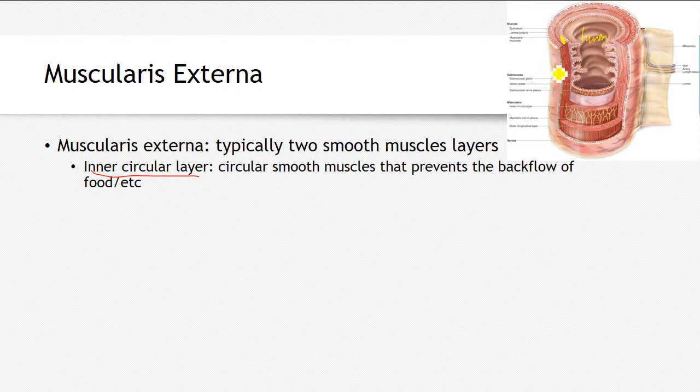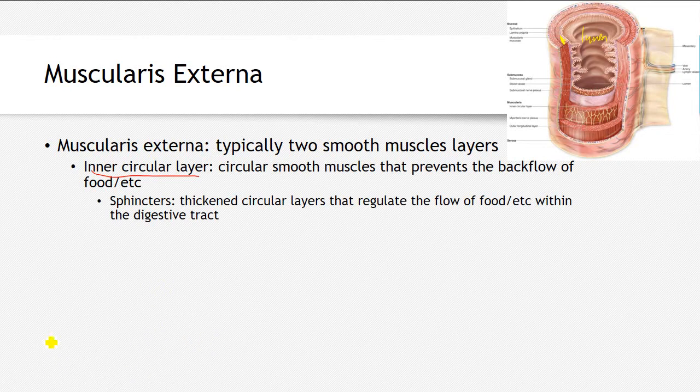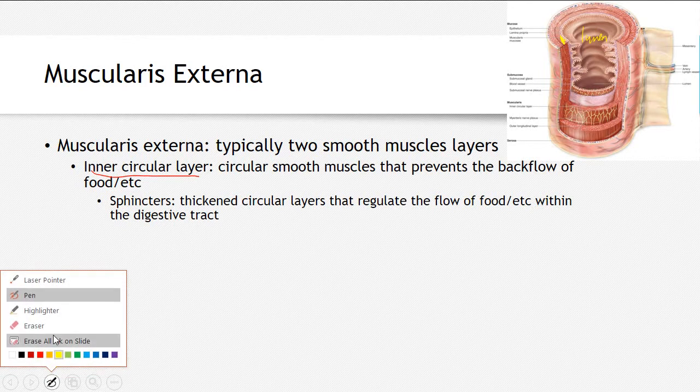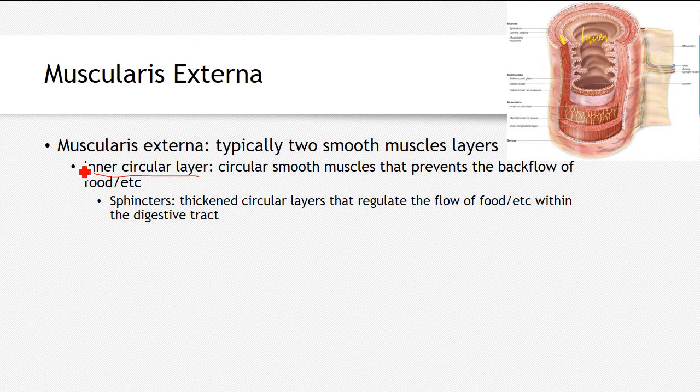This inner circular layer is circular, so what do circular muscles do? They close when they contract, right? They close it off. So we're going to prevent backflow of food, and also cause segmentation to occur. Some of them will form sphincters.